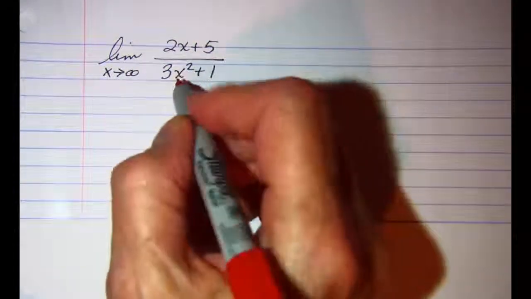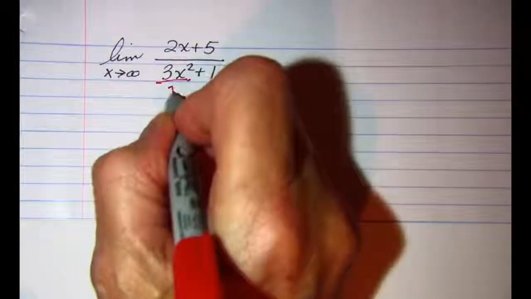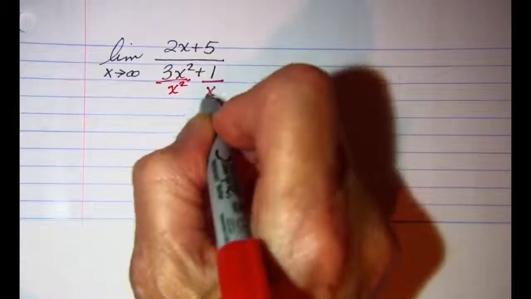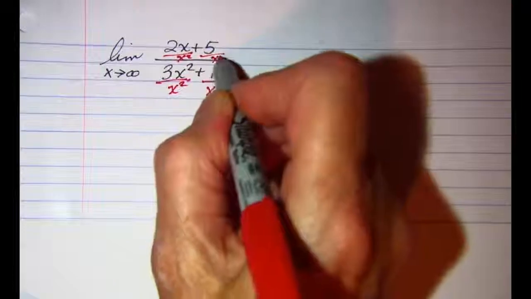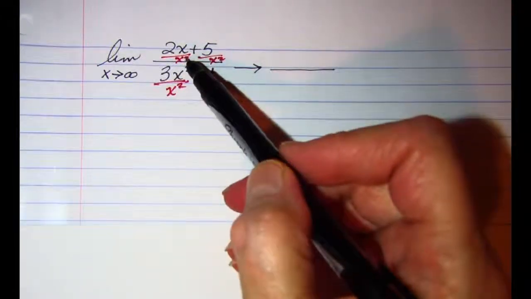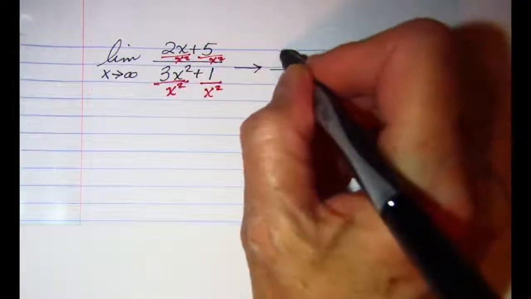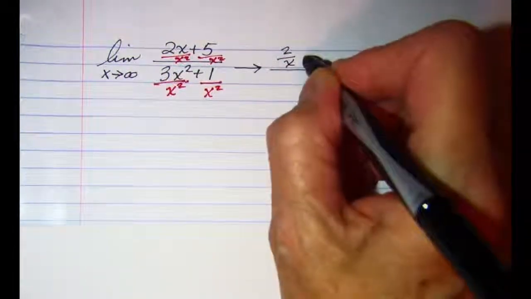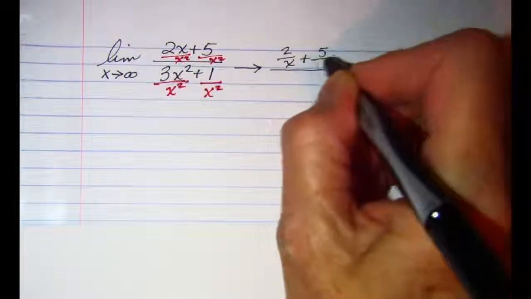Right, for this example, we'll want to divide top and bottom by the highest power of x in the denominator. So we'll divide every term by x squared. So this simplifies to, this x cancels with one of these, and I have 2 over x plus 5 over x squared.